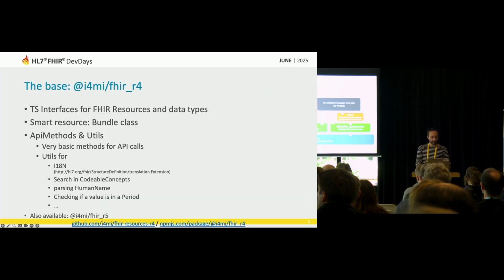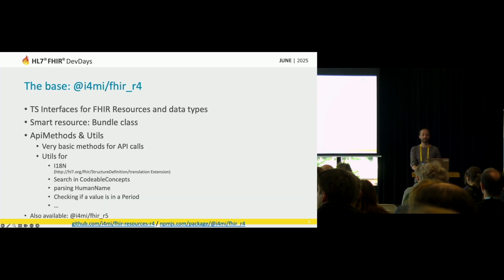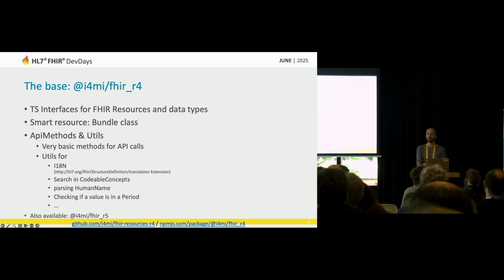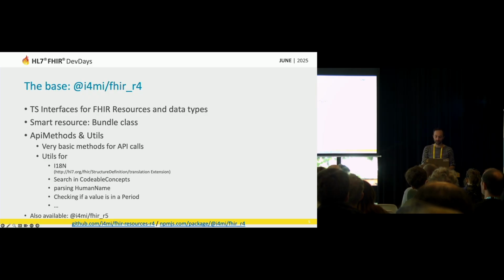and much more. So the base, as I said, offers interfaces for TypeScript for the resources and data types in FHIR, so you can have typed stuff in your IDE. It offers some smart resources as classes, like a bundle where you can add the other resources and it handles everything for you, and some simple methods for communication and utils.